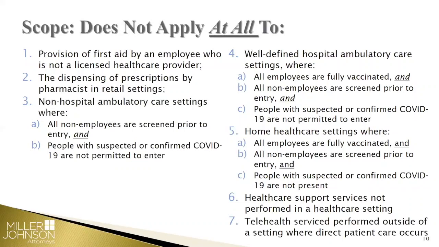Okay. The next exception involves home healthcare settings. Okay. There is an exception for them, but it's just like the exception for the hospital ambulatory care settings. And so the exception would only apply if all of your home healthcare employees are fully vaccinated. So your employees who are going into homes to provide those healthcare services, and the screening is performed, and you don't perform basically the home health services on that day if there is somebody with suspected or confirmed COVID-19, okay?